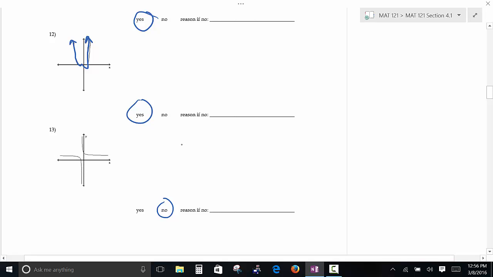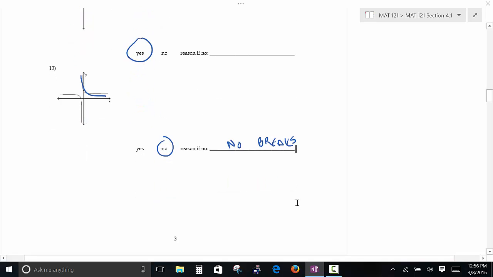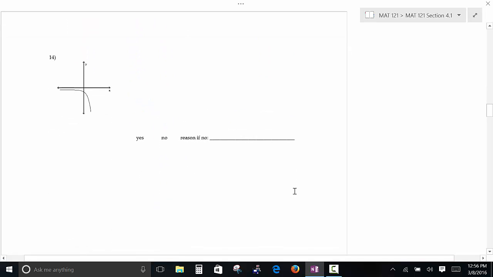Now I got to lift my pencil. Okay, so that would be no breaks. Okay, that's actually what we'll look at when we study rational functions in a couple of weeks. Okay, and this one right here, the answer is no. I'll have to explain why this is no. It's basically that this thing cannot level off.